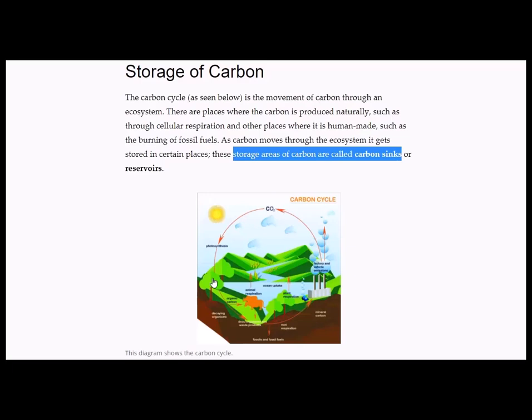There are short-term sinks like plants because the plant isn't going to live forever. Even big trees don't live forever, even though some do live for a very long time. Those are short-term sinks. And down here underground, when it's deposited as fossil fuels, coal, oil, or whatever, that's a long-term sink. We are digging up these long-term sinks and putting them into the atmosphere faster than nature can reabsorb them. Another word for it is a reservoir, carbon reservoir.